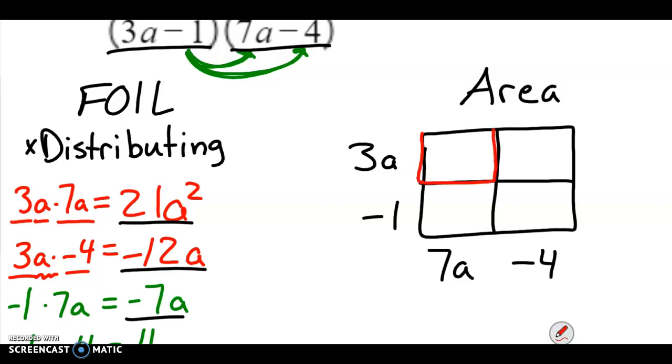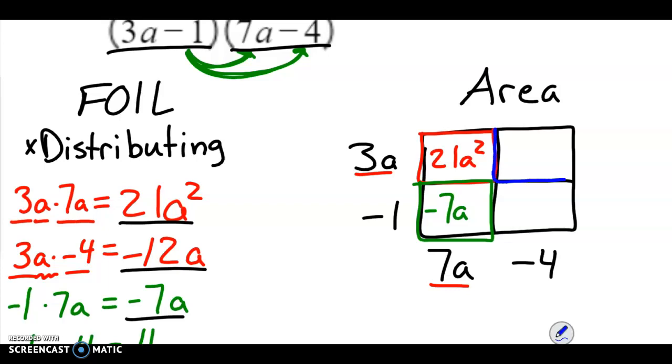So this little box has 3a times 7a, 21a squared. This box has negative 1 times 7a, that's negative 7a.